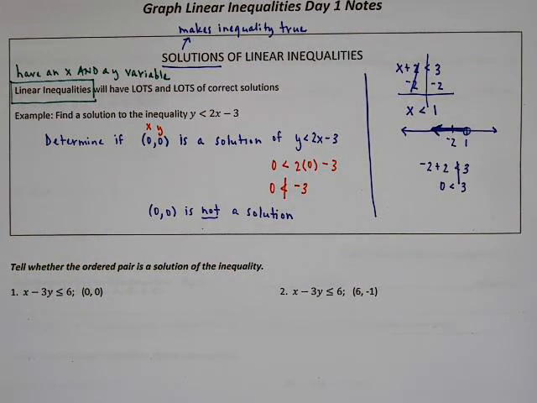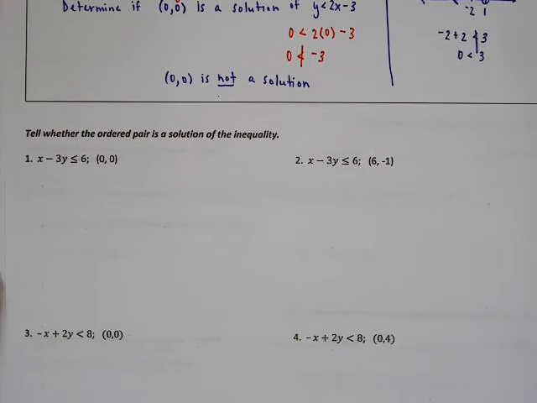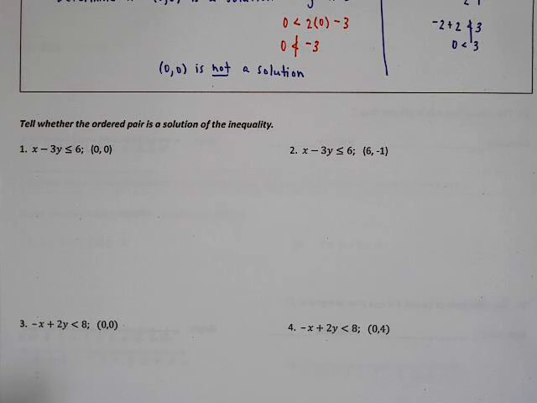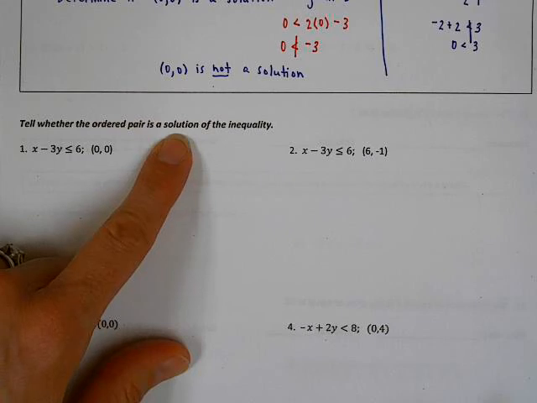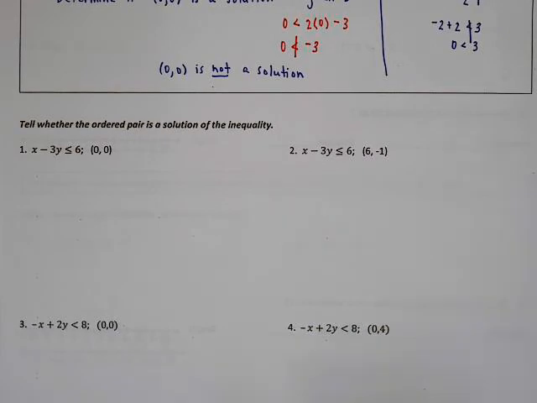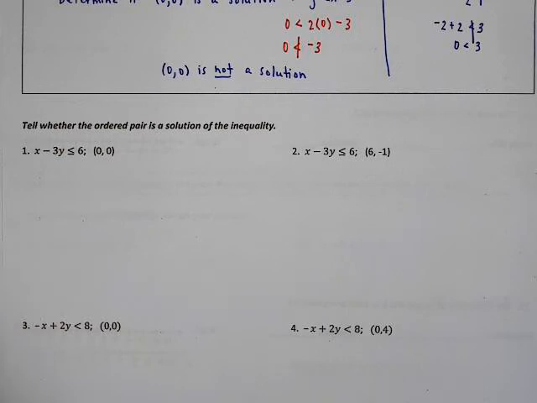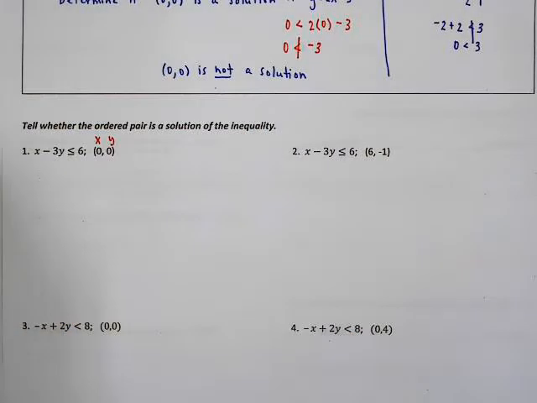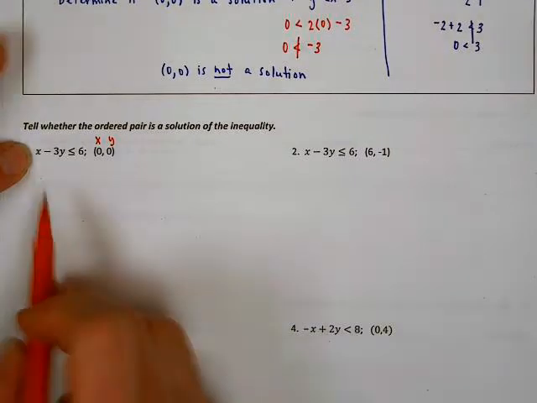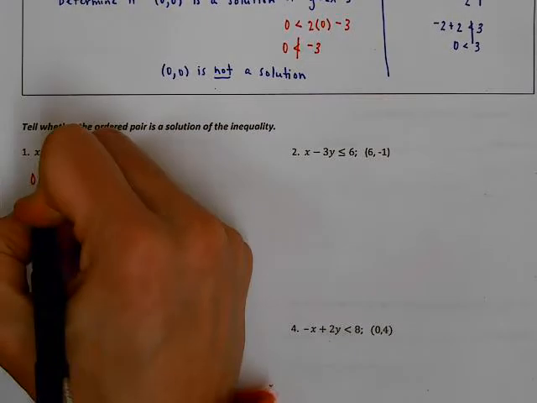We'll do a couple of these examples, maybe 1 and 2, so we can get an idea of what the directions will look like and what work we need to show. My directions say, tell whether the ordered pair is a solution of the inequality. They're going to give you a linear inequality and an ordered pair. We're going to do just what we did before. I know this is my x and this is my y. In my inequality, x comes first, so I'm going to plug in 0. Then I copy minus 3.